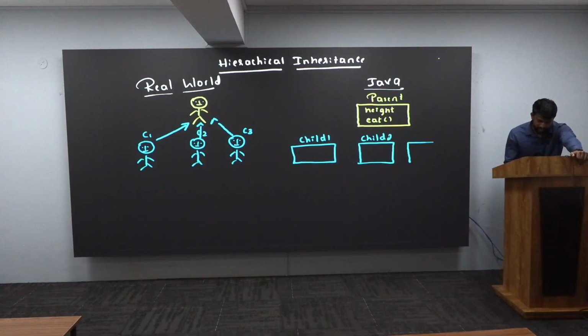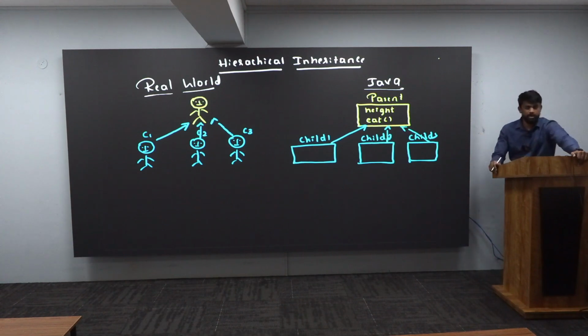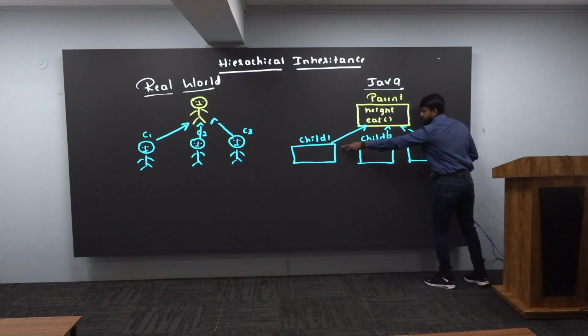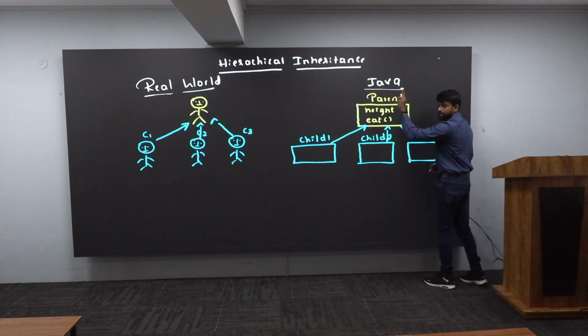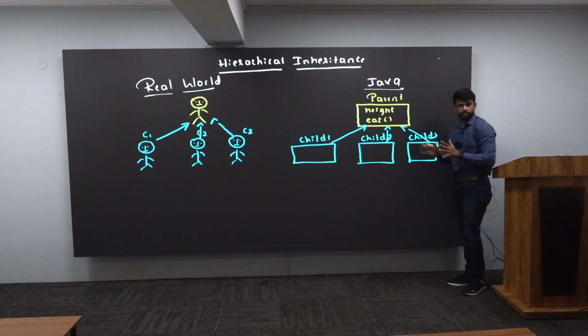I will create another class, the name of this class is child3. Child1 is extending the parent, child2 is extending the parent, and child3 is also extending the same parent this way. Multiple child classes inheriting from the single parent is known as hierarchical inheritance, and this will work in Java.